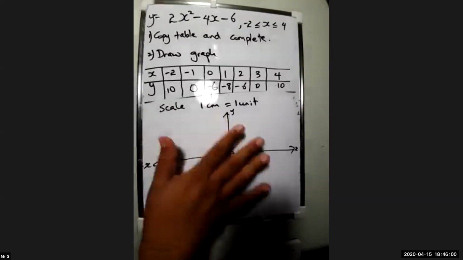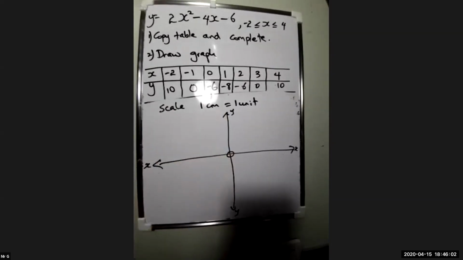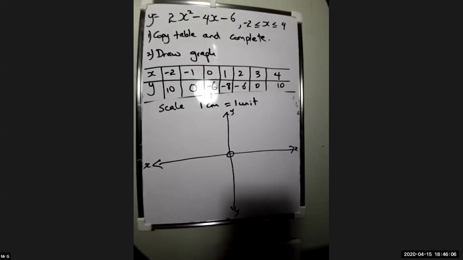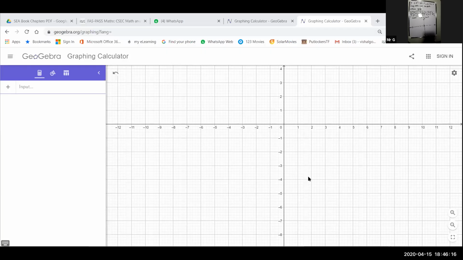So this is how your Cartesian plane would look. Let's go to our actual professional graph to see how it would look. This is our Cartesian plane here. Let's put in our values.